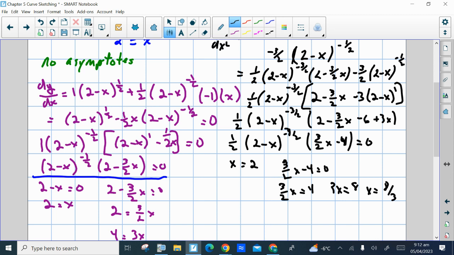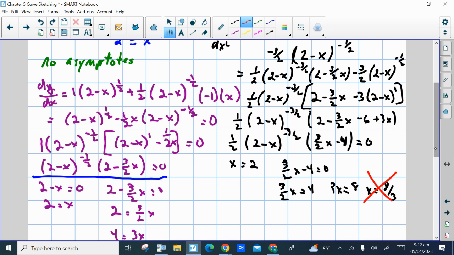Now that number is greater than 2. That's 2 2/3. So this is going to be an extraneous critical number. So our only critical number is at x equals 2.